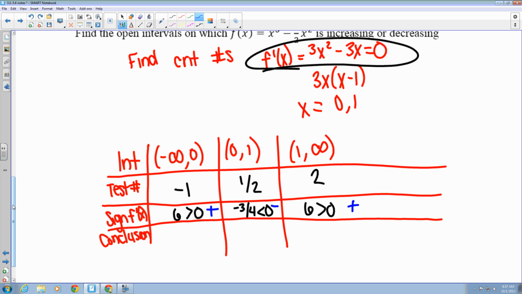So if it's a plus sign, the conclusion is that we're increasing. A minus sign, that tells us that we're decreasing. And then we're increasing on the last one as well. And that's it. You would need to rewrite those intervals, so increasing from negative infinity to 0 and 1 to infinity, and decreasing from 0 to 1.